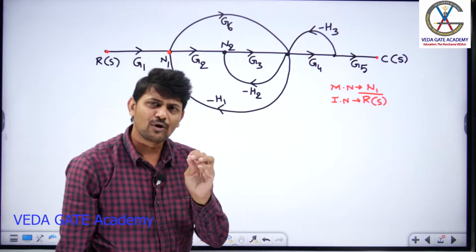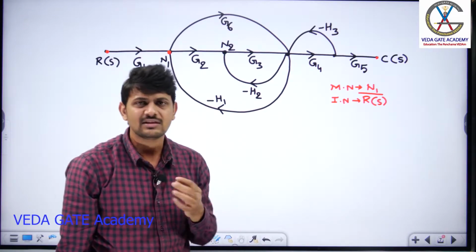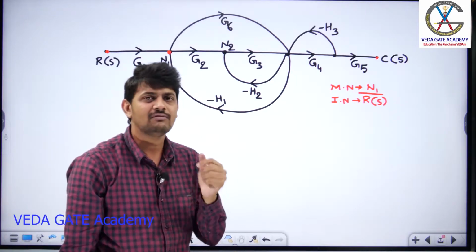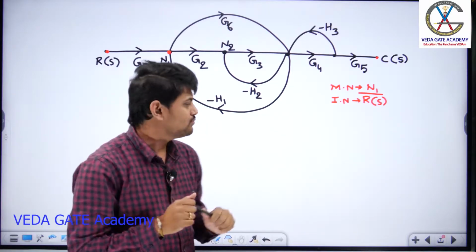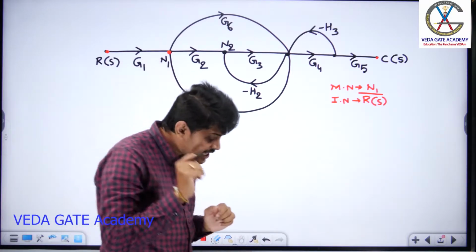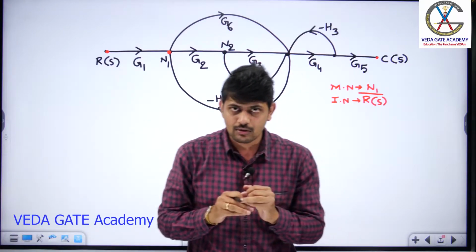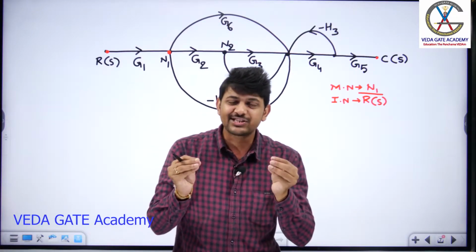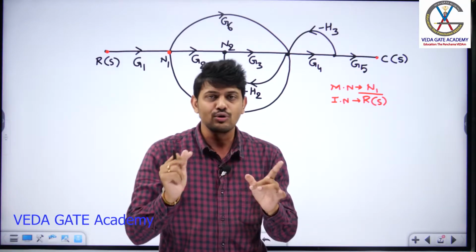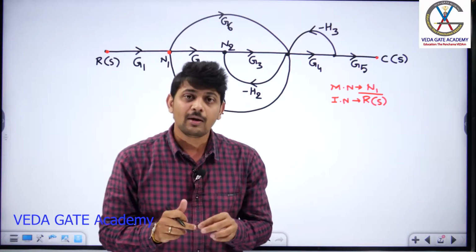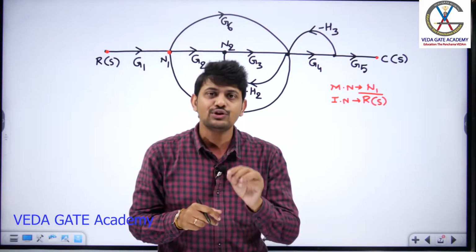But there are some properties in the signal flow graph. While discussing the terminology in the regular classes, we gave some standard conclusions. From that, I would like to give the same statement here. Be careful: any mixed node can be converted into an output node by adding one outgoing branch with unity gain.